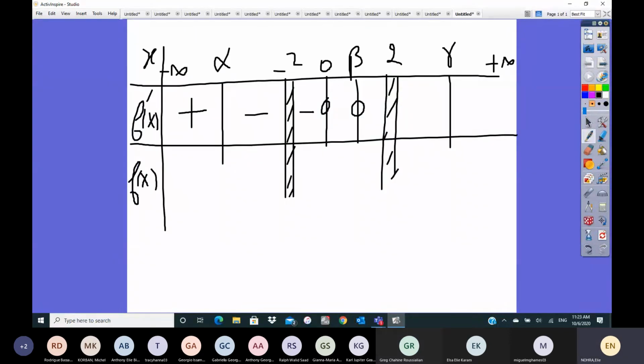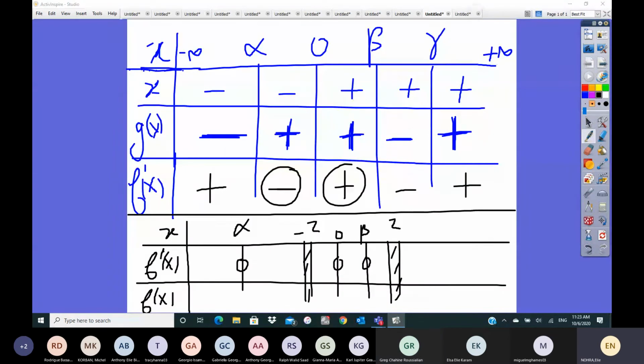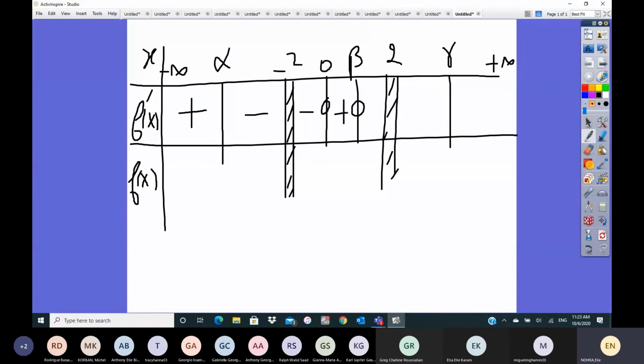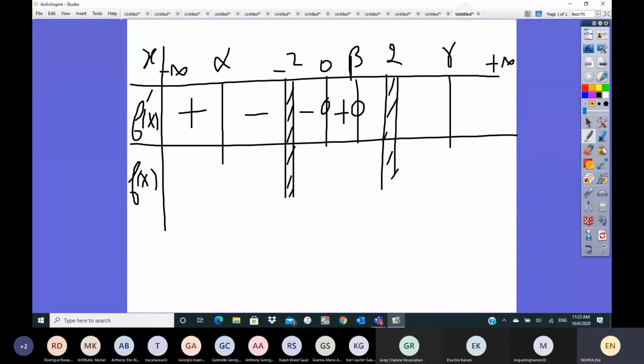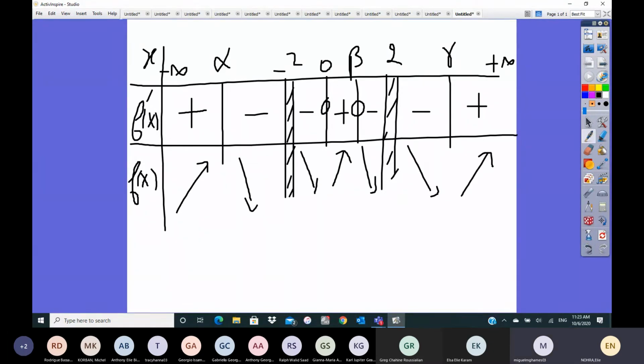Between 0 and beta is positive, then between beta and gamma it's negative, then positive, and hence you have the final table of sign, the table of variations of f of x.